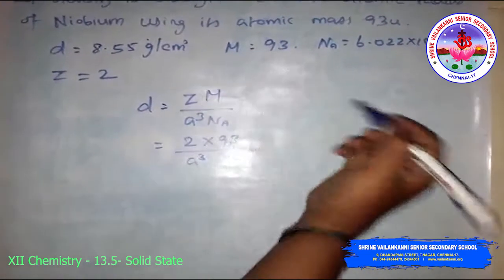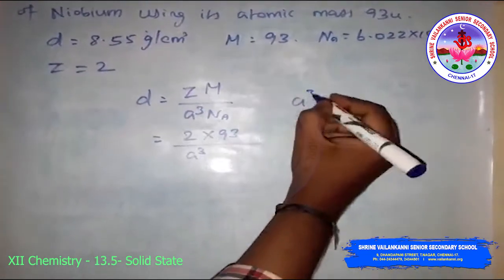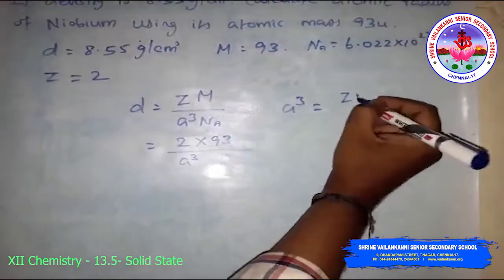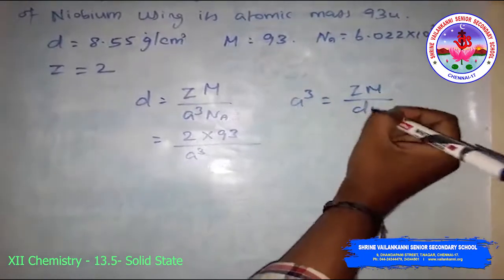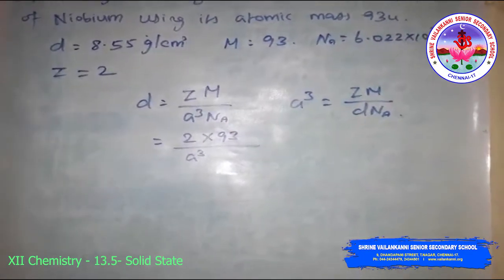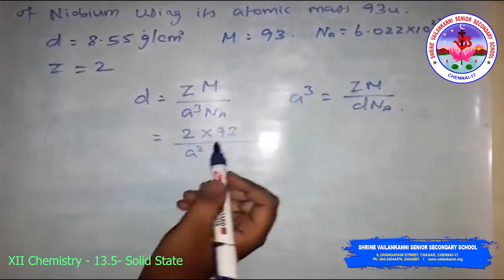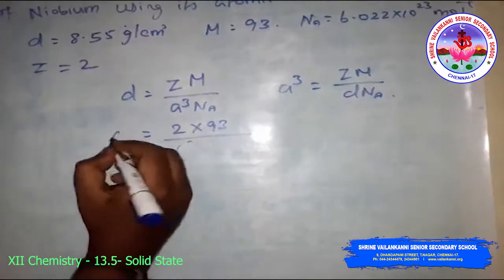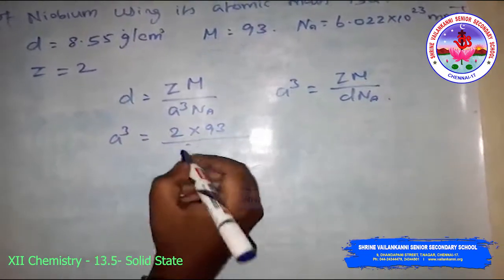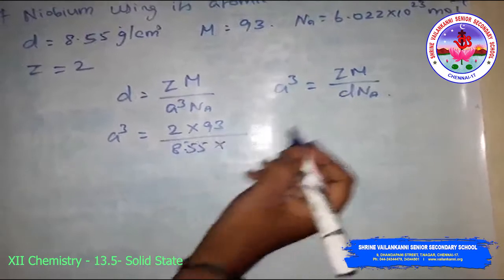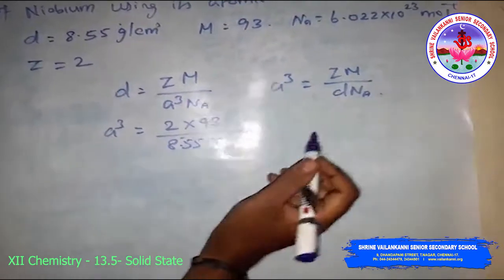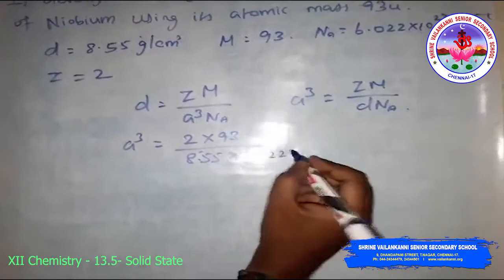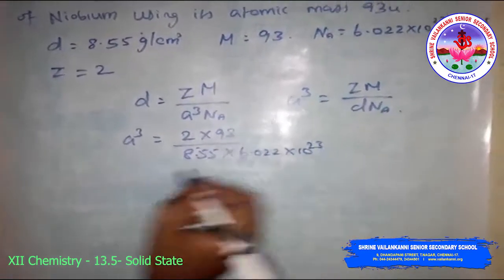So first you have to rearrange the formula. That means A cube is equal to Zm divided by D into Na. Here Z is 2 and M is 93, the density is 8.55, and the Avogadro number is 6.022 into 10 power 23.